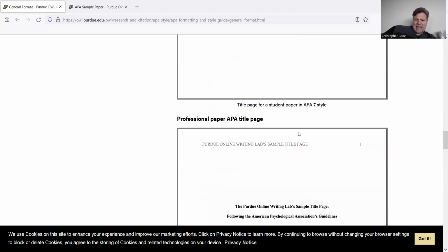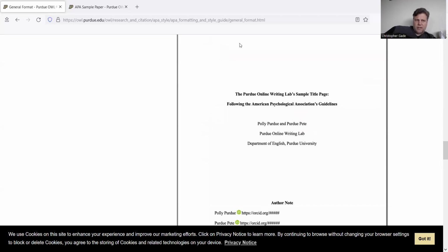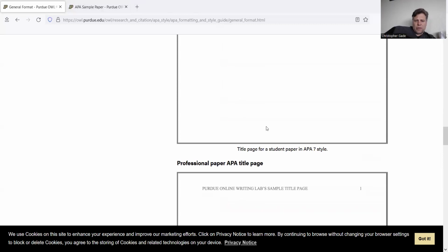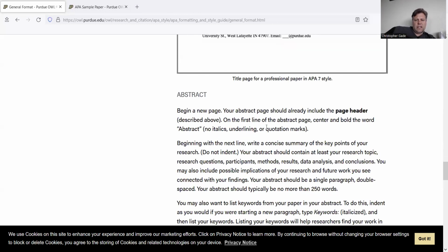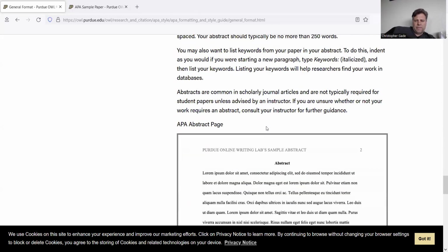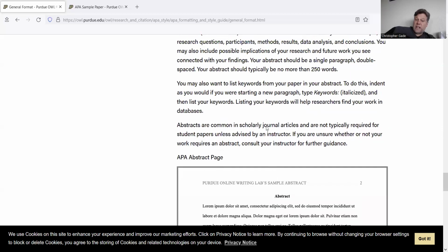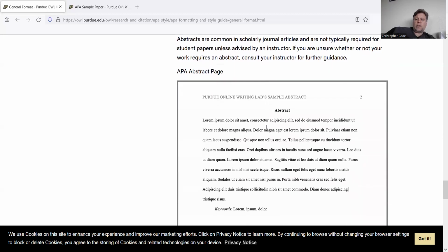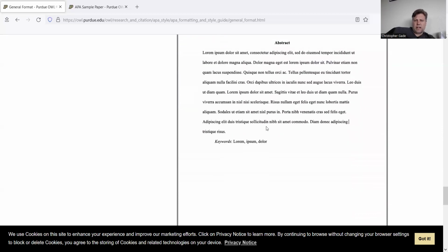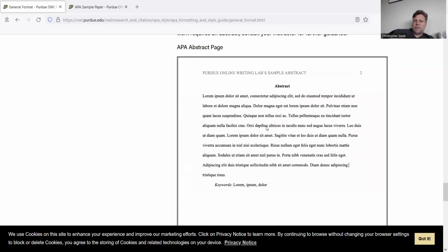After you get past that title page, which can be a process in its own, then the rest of the paper starts to unfold in, again, a slightly different way. So with a research paper, you do include something called an abstract. This is about 250 words that gets at the gist of your study.